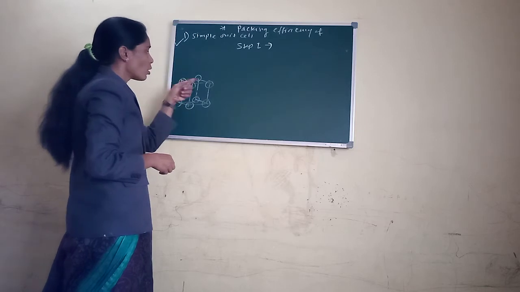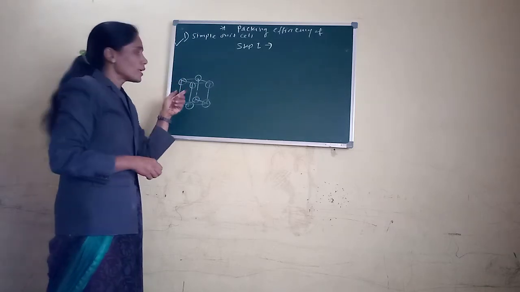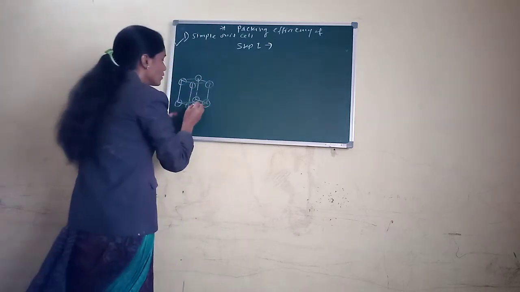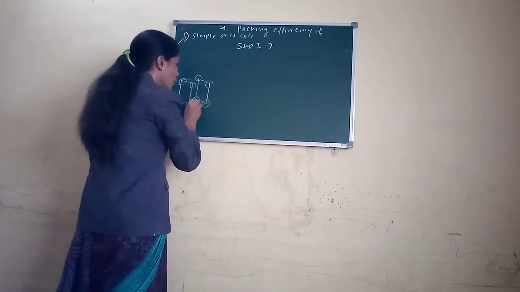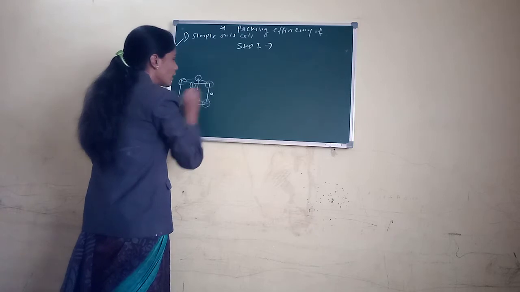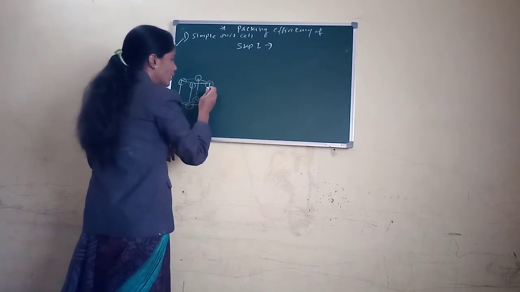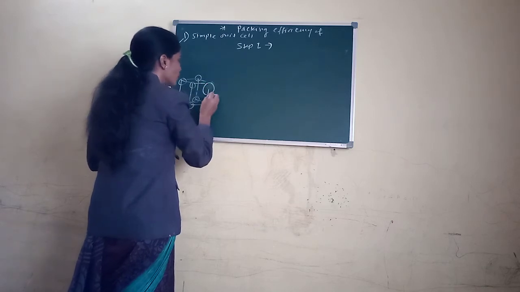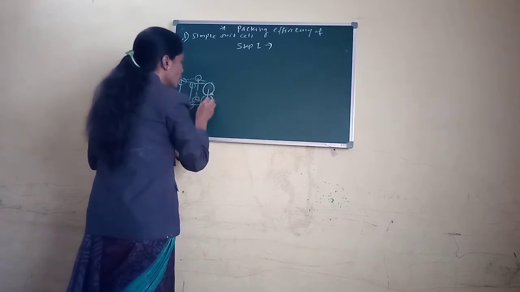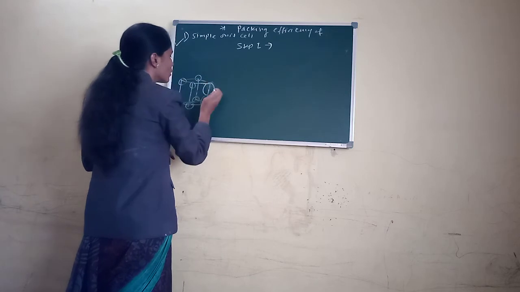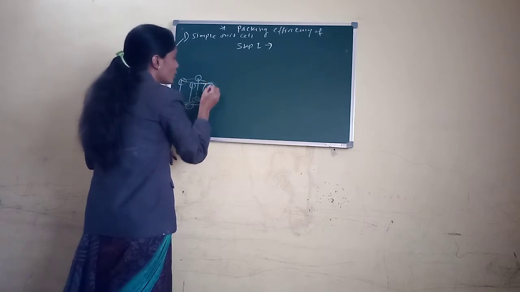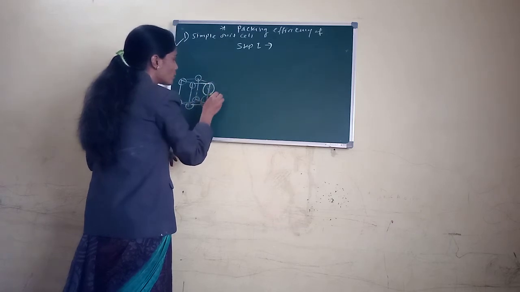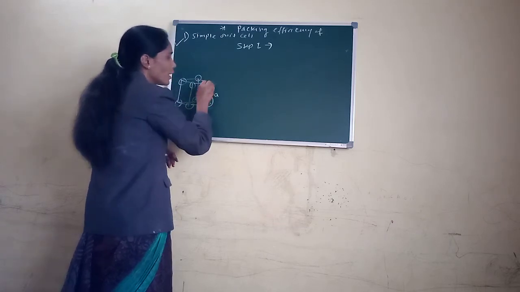Every sphere of this unit cell is the same. Every side has the same length a, and the radius of the sphere is half of a.